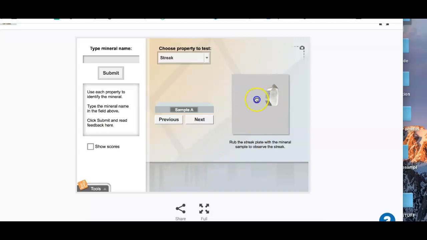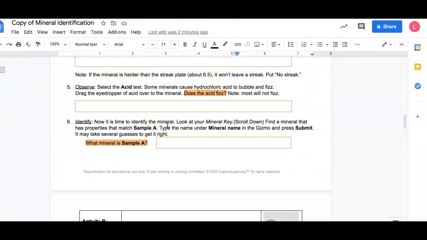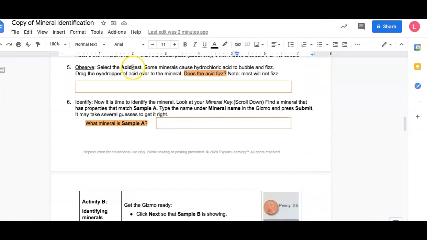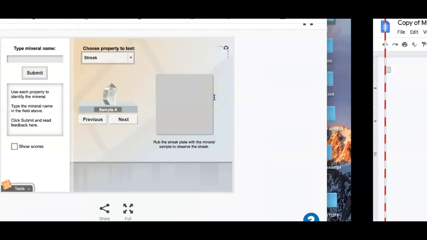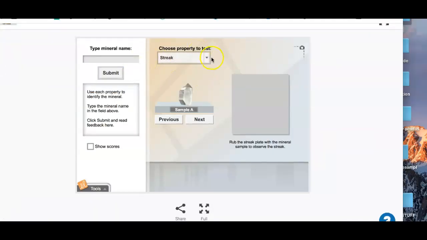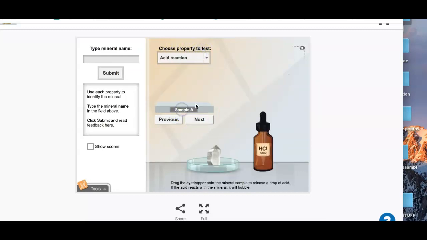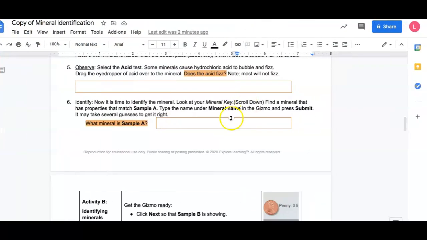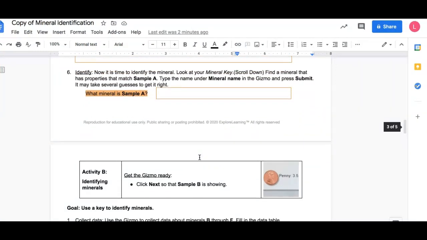And if it doesn't have a color, what would you say? Then we're going to select the acid test and figure out, does it fizz? So select a different property, acid test, and does it fizz? Most won't.